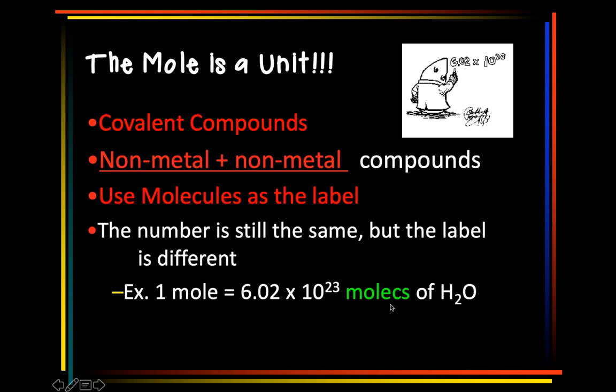This is the shortened version of molecules of water, because hydrogen and oxygen are both nonmetals. This is a covalent compound. So we can't call it an atom because this is not an atom or just an element. We can't call it an FU because this is not an ionic compound. So again, the label changes to match the chemical, but the number is always the same. It's always 1 mole to match the definition of Avogadro's number.